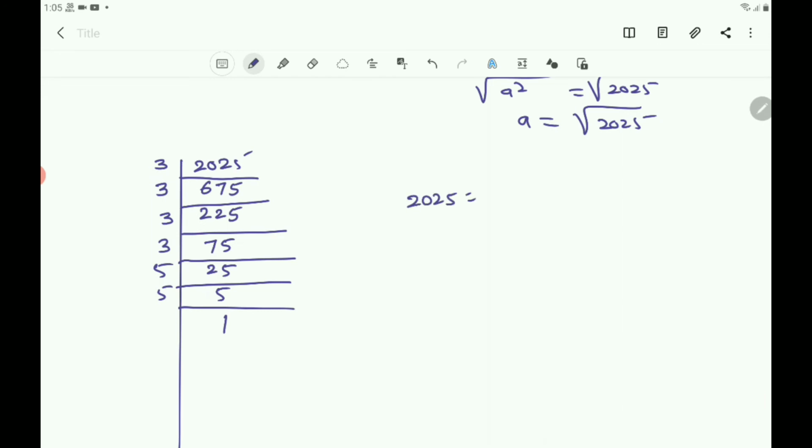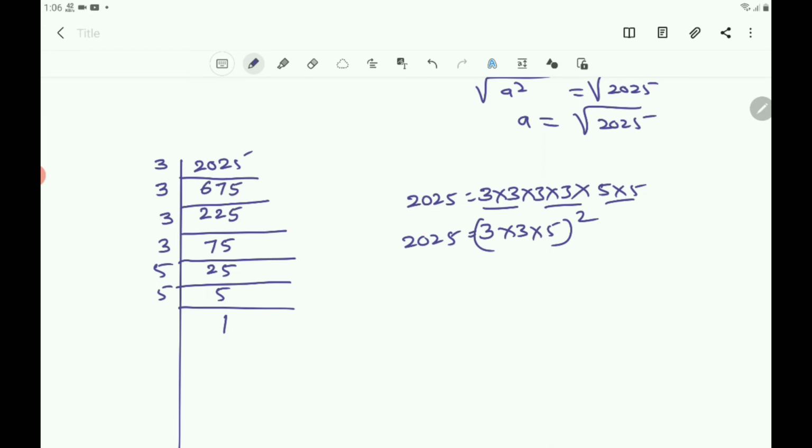Therefore you write 2025 equals 3 into 3 into 3 into 3 into 5 into 5, four 3s are there. Make a pair of 2 equal numbers. So 3 into 3 into 5 you will get whole square.